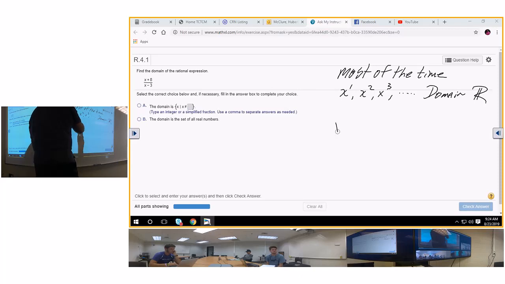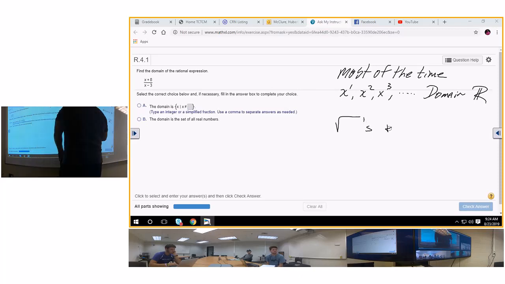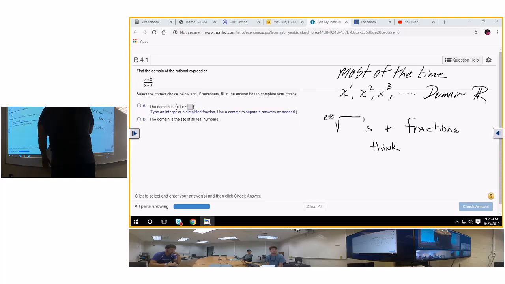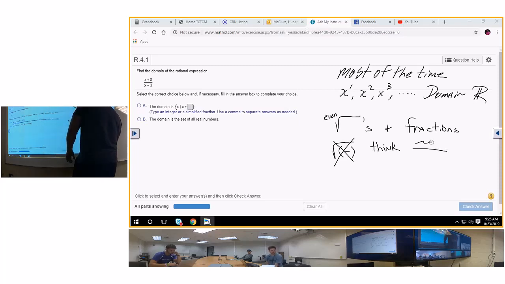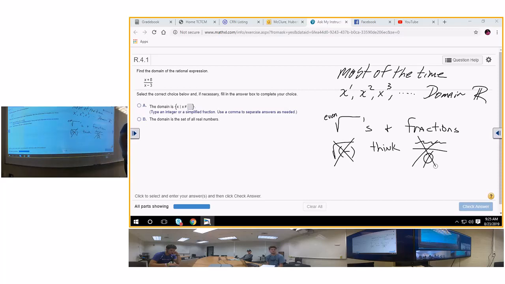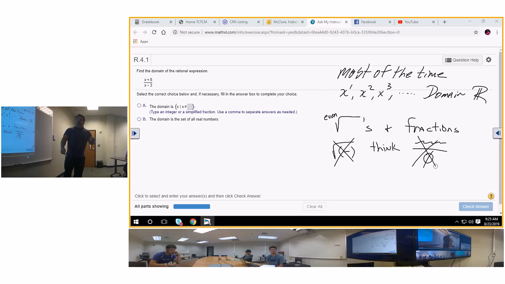But when you're talking about radicals and fractions, you've got to think a little bit. Why? Because this is an even index, you can't have a negative in a radical. And you can't have 0 in the denominator. So if you have a function that's got a radical with an even exponent or a fraction with a variable in the denominator, then you're going to have to do something. Other than that, all real numbers.